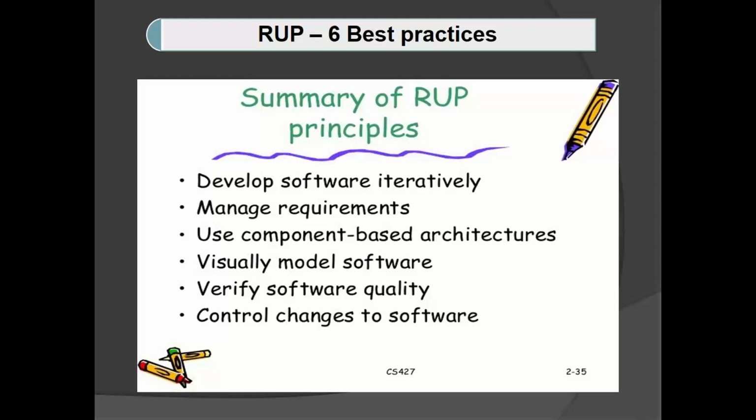Okay. Then next one is control changes to software. So as I said, if you keep on changing the requirements, it will damage the quality of the project. So you should not keep changing the requirements. Once you are doing the requirements, ensure that it should be for a long time. Okay. So these are the 6 best practices of doing the project under RUP.